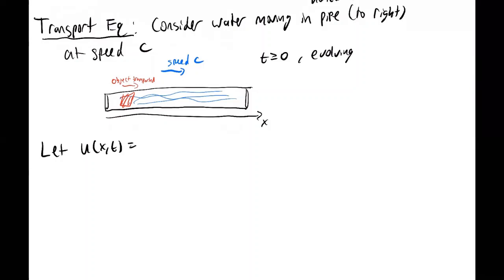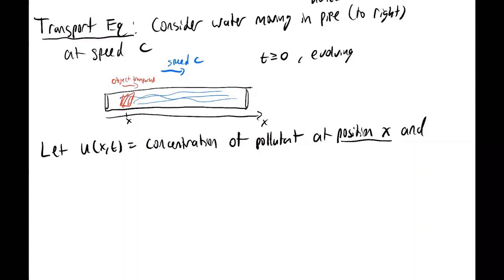I'm going to let this be the concentration of the pollutant at position x, so maybe this is position x over here, and I have a lot of pollutant at that point, and time t. The first variable describes what position in the pipe I'm looking at. The second variable tells me what time I'm at, as time evolves: the first minute, second minute, et cetera, or first second, third second, et cetera.